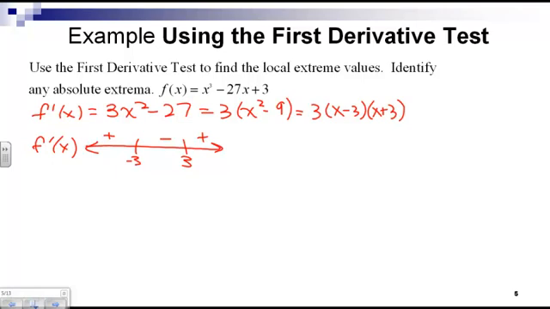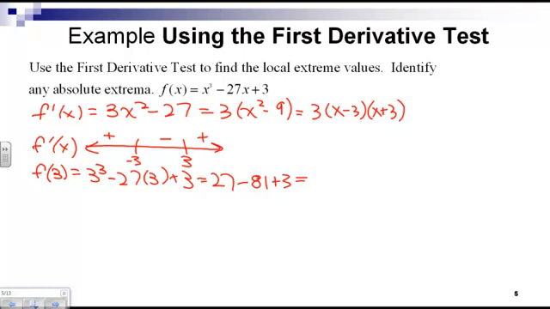Let me do a quick calculation here. F of 3 is what? 3 cubed minus 27 times 3 plus 3, or that's 27 minus 3 times 27, 81, plus 3.